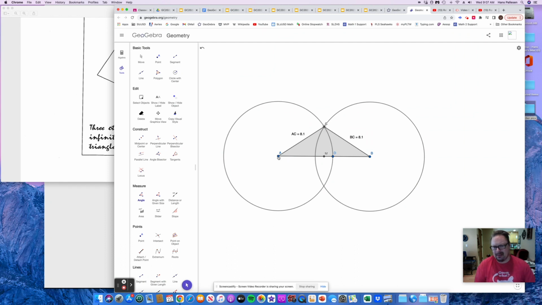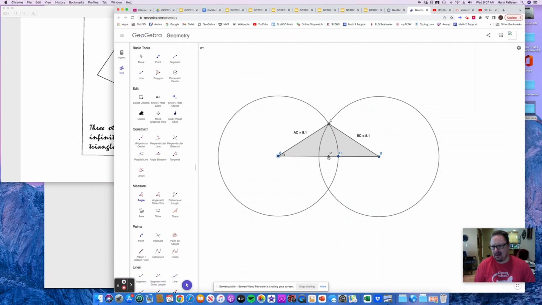So C, A, M, and C, E. And I will move those angles. All right, so my angles show that angle A and angle B are congruent, and segment AC and segment BC are congruent.